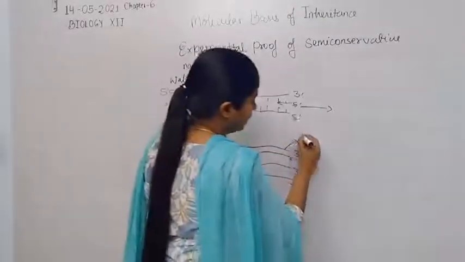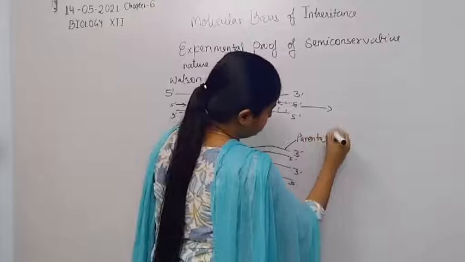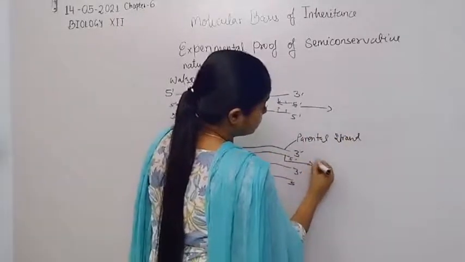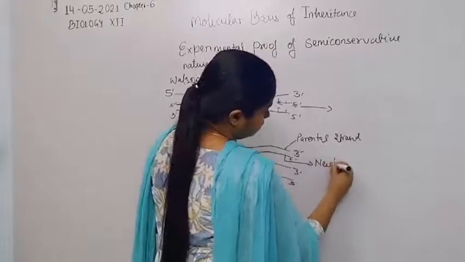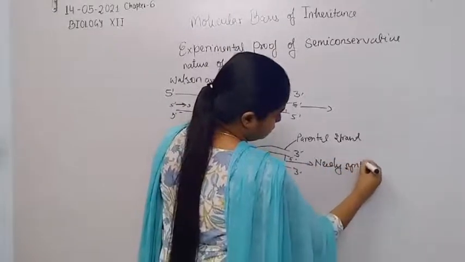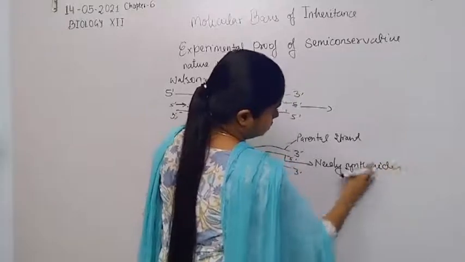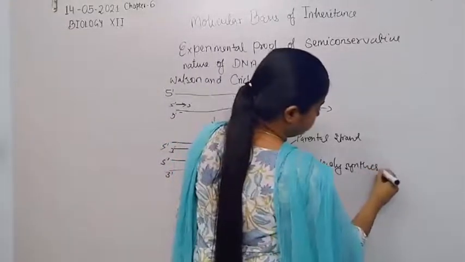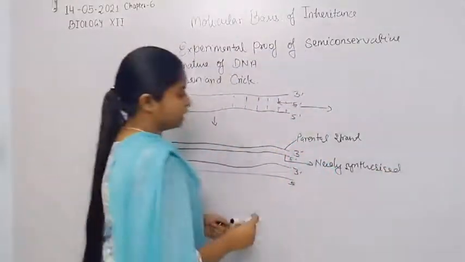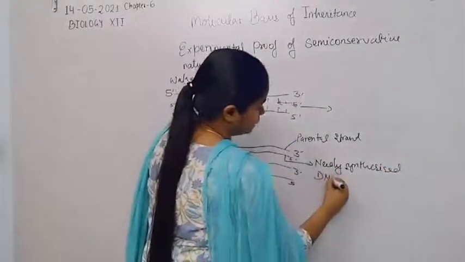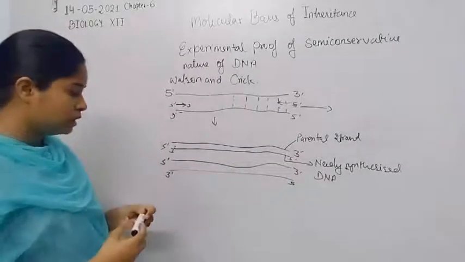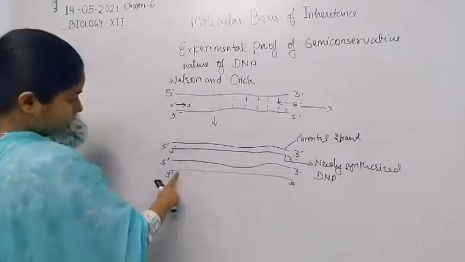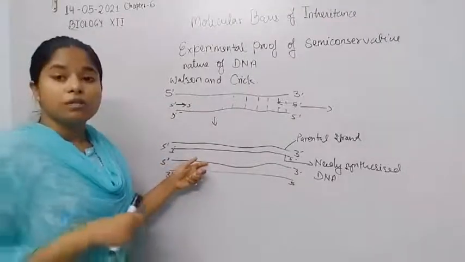So here is the parental strand, and this is the newly synthesized DNA. Similarly, with the other strand of the double helical structure, there is also one parental strand here, and this one is the newly synthesized DNA.